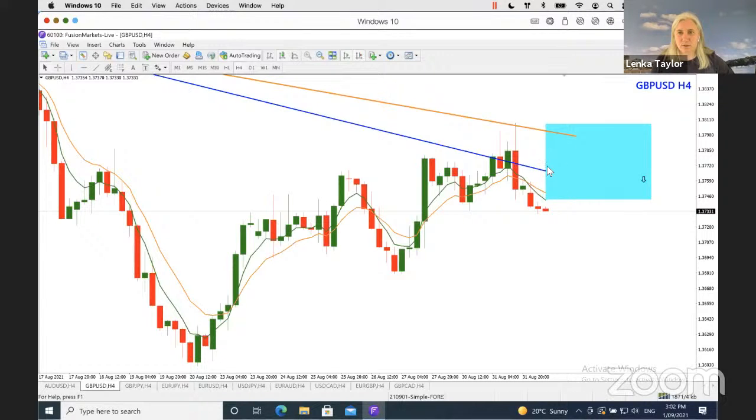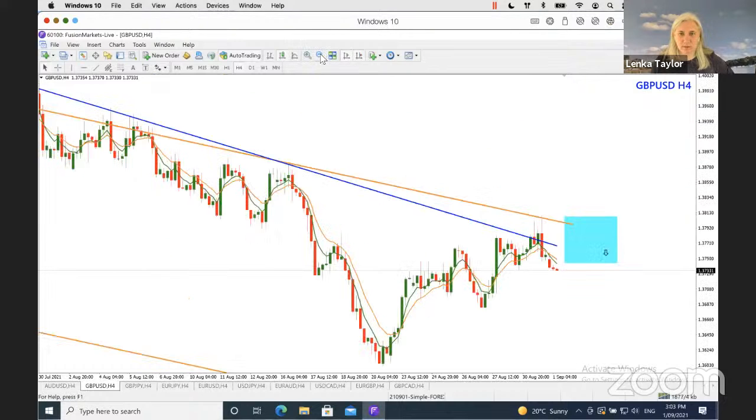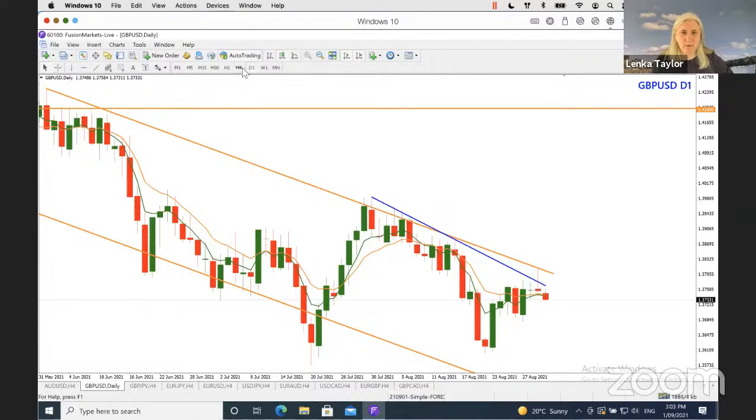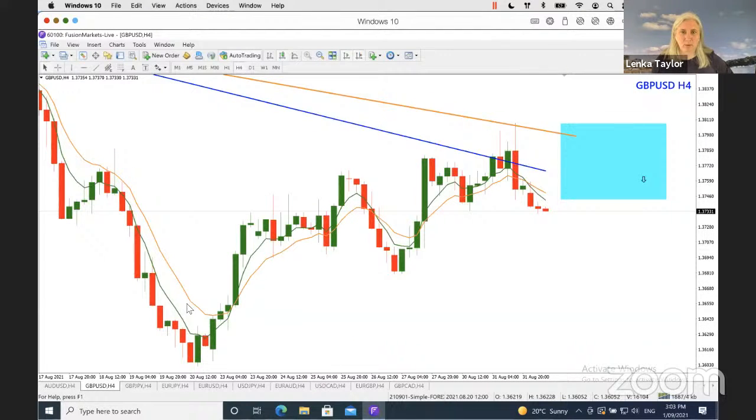So if the price reverses into that zone here, into the entry zone area, then I would be looking for a short, just to give us a bit more room in case it does not go further down. So still looking for a short up to about there on this one. But if it keeps going down, then that's fine. We would have missed that. No problem. We shall look for something else.